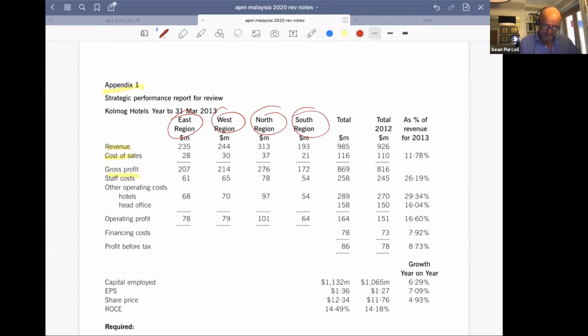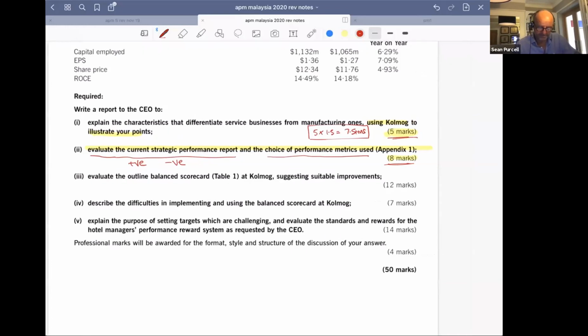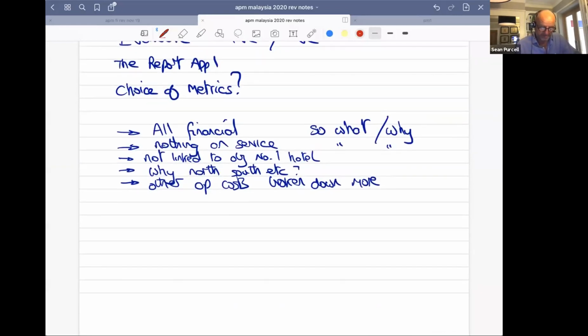There's quite a lot we can say on this one, but remember, there's only 8 marks. So we needed to do our brainstorm. As I said to you before, if you keep thinking so what, why, so what, why, against each of the points, that's potentially going to push your marks up to 2.